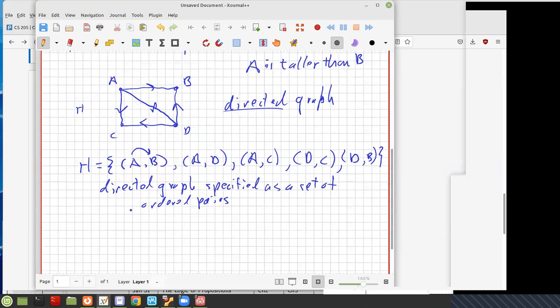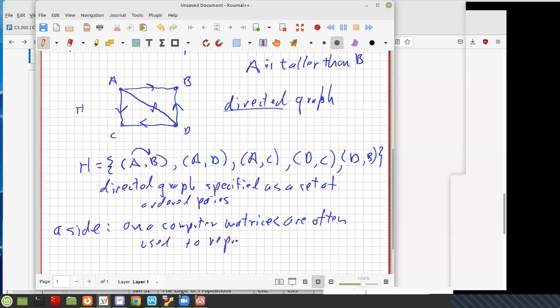Now, just as an aside, on a computer, matrices, which we haven't introduced, are often used to represent graphs. So that's something you can put on a computer.